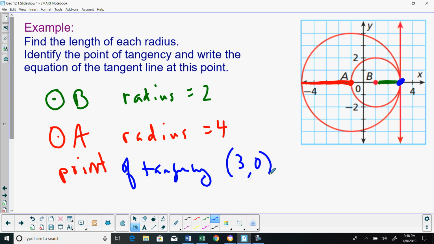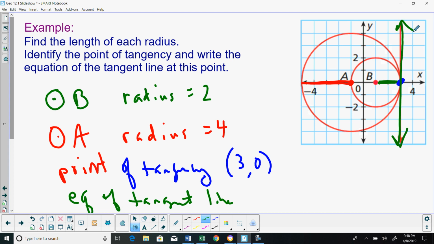And then if I want the equation of the tangent line, that's going to be this line here, and I can't just say 3, it's got to be an equation, and it's going to be the line x equals 3, because all vertical lines are of the form x equals a number.